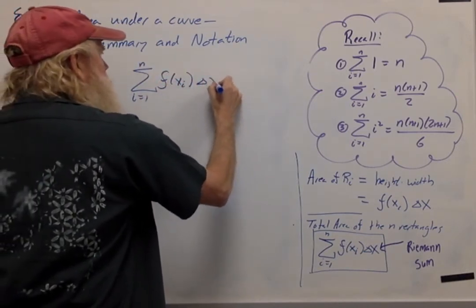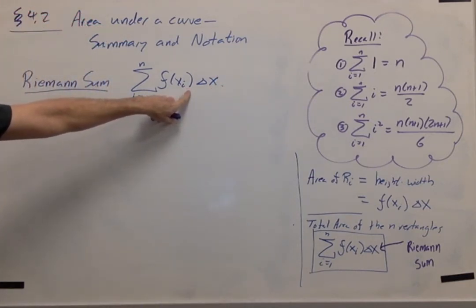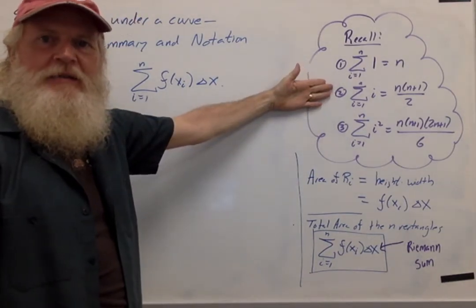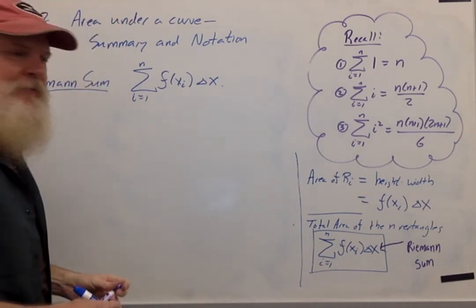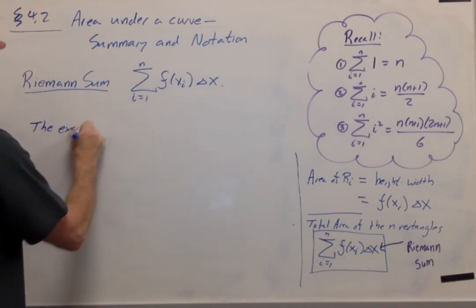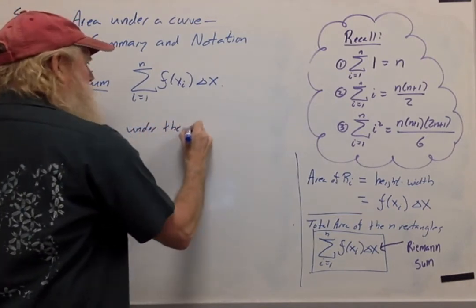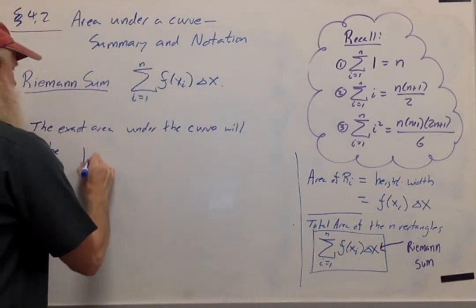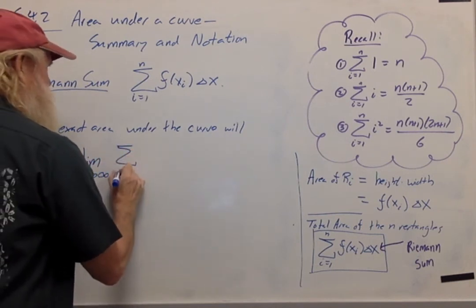Now, algebraically, once you get this Riemann sum, you're going to be able to expand it out like I did and substitute in summation formulas like this and get a formula for what the area is using this right endpoint approximation. And then finally, the exact area under the curve will be the limit as n goes to infinity of the Riemann sum.